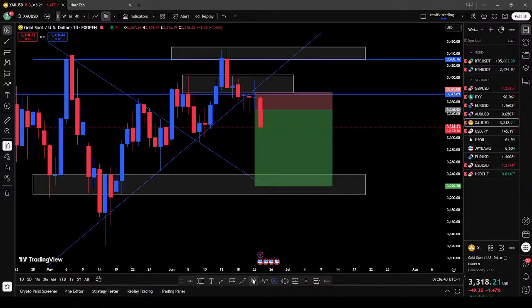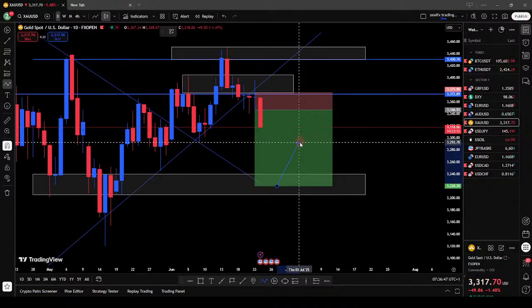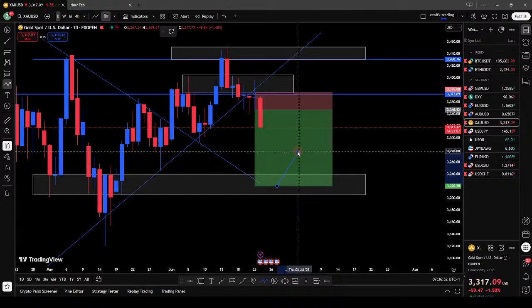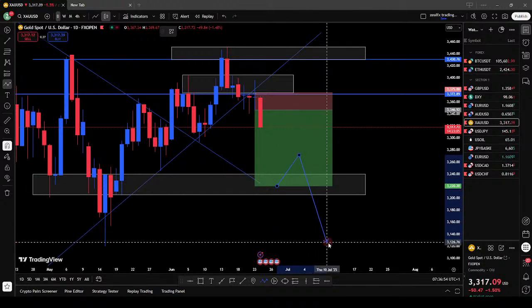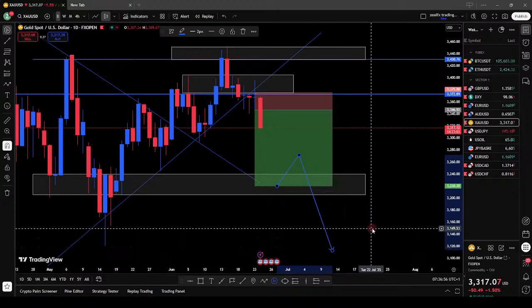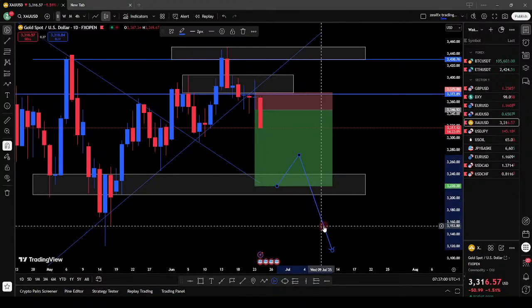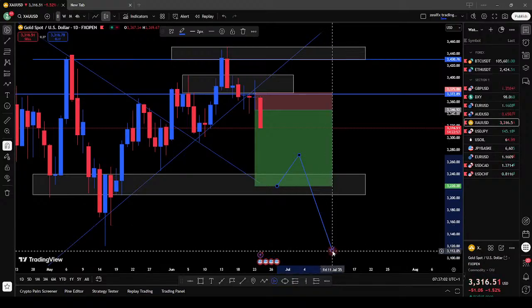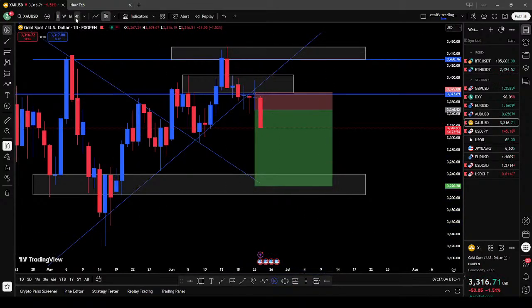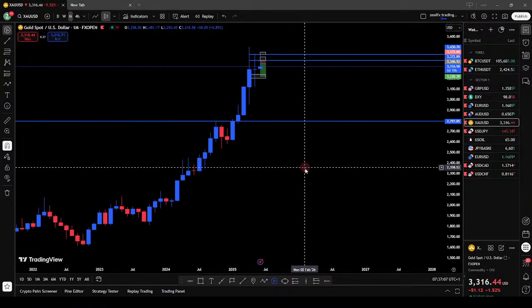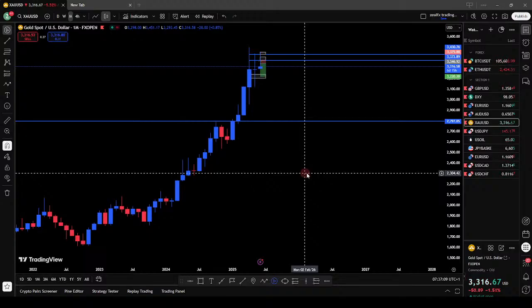Once we see price at this level, we might expect price to retest back to this level or this level. Then we'll see a strong move back to the downside. Why am I expecting gold to drop? The monthly indicates price reversal.